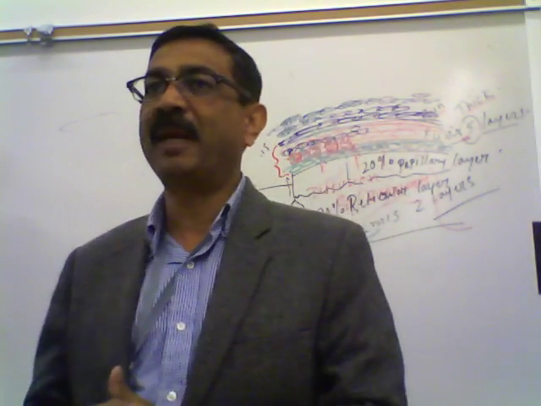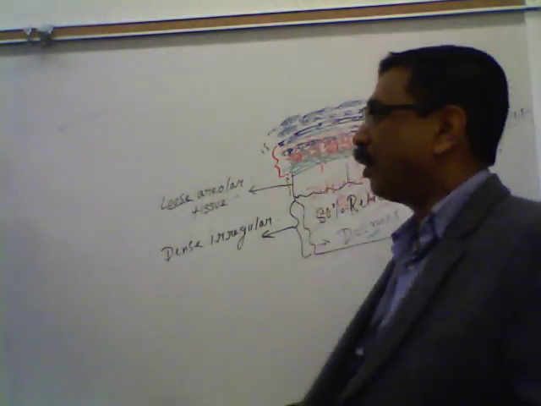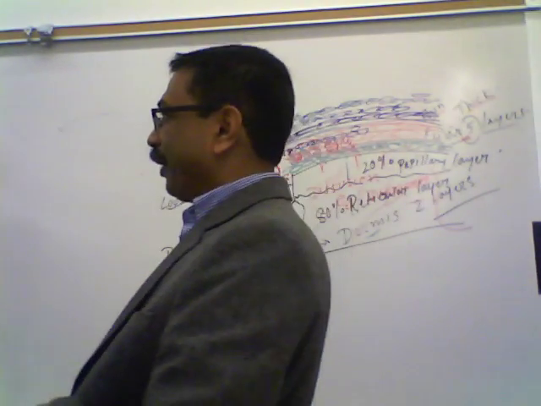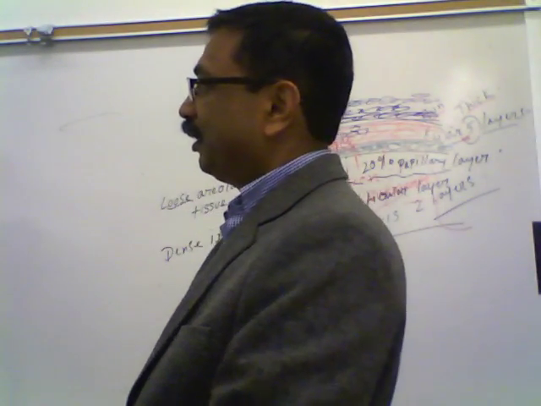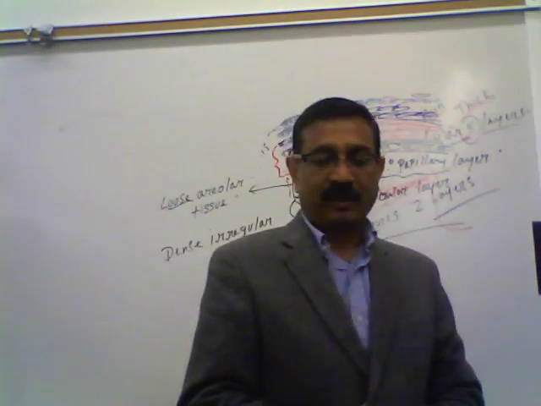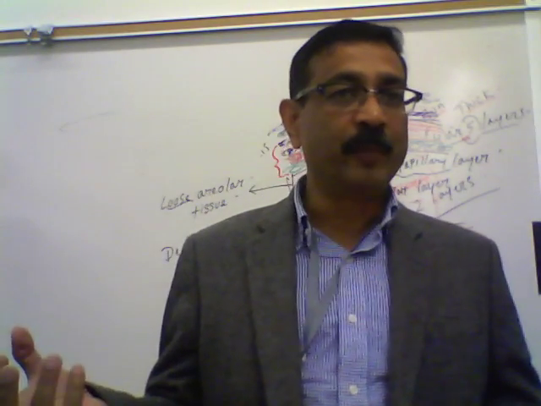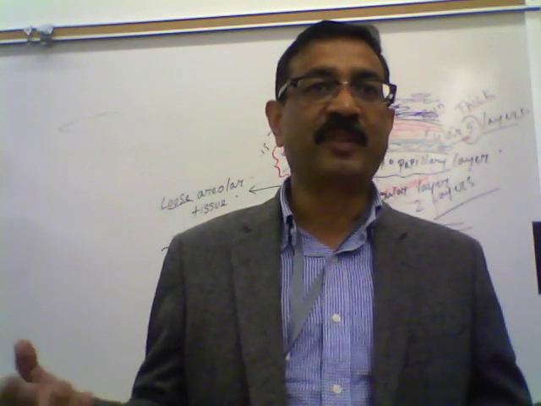Melanocytes produce melanin. And melanin is a dark to brown colored pigment. Brown to black or dark pigments. So if someone has more melanocytes, more melanin will be produced. Make sense? So the color of the skin will be dark.